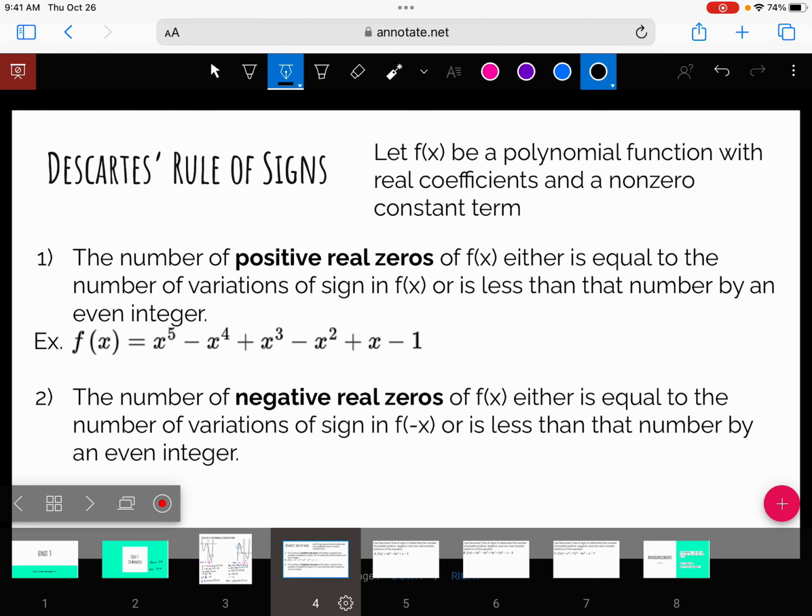It's when they get fancy people names, we always get a little scared because Descartes' rule of signs makes it sound really fancy. I promise it's not hard. But Descartes' rule of signs is one of those things that you will see. Honestly, I'll be a little surprised if you didn't see someone say Descartes' rule of signs on the PSAT or on the SAT because it sounds super fancy.